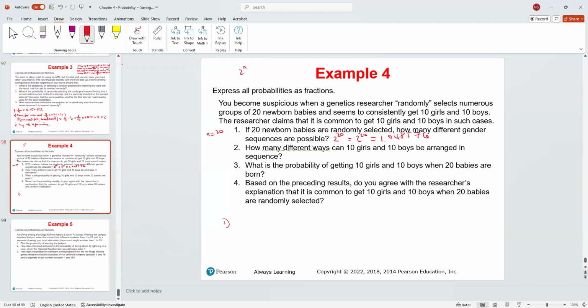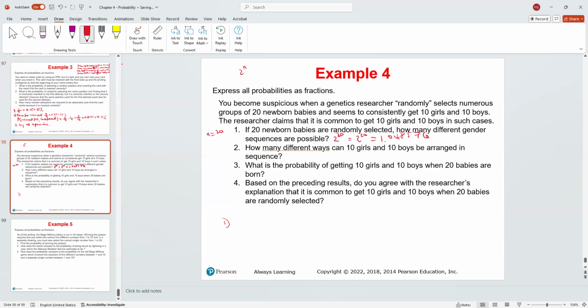As we said, we want to make sure that each baby can be either boy or girl, and the order matters. So we're going to do it this way. Very important to verify. In this second question, how many different ways can 10 girls and 10 boys be arranged in sequence?